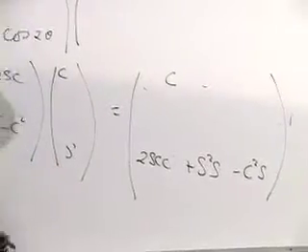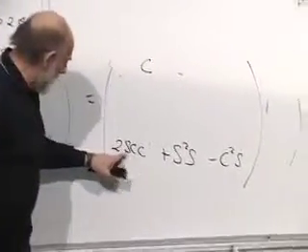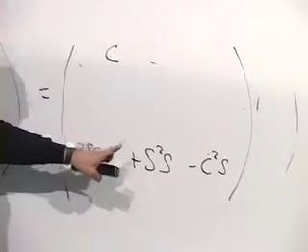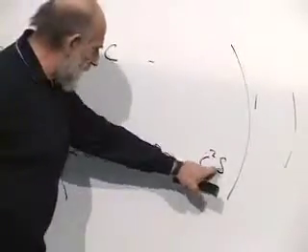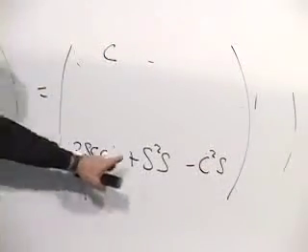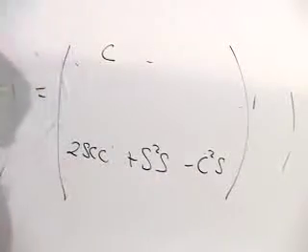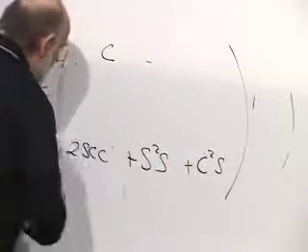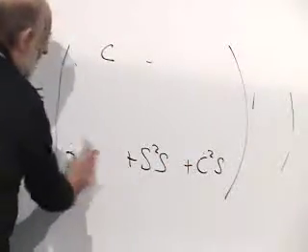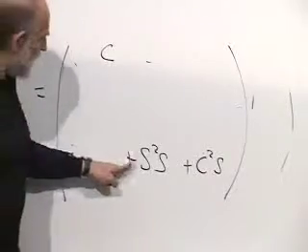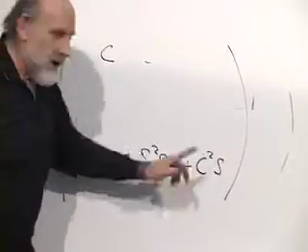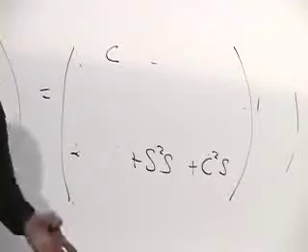Now let's look at the lower piece here. Twice SCC, here's minus CCS. So the 2 again conspires with the minus sign, turns it into a plus sign, and now we have S squared S plus C squared S, and that's just S.